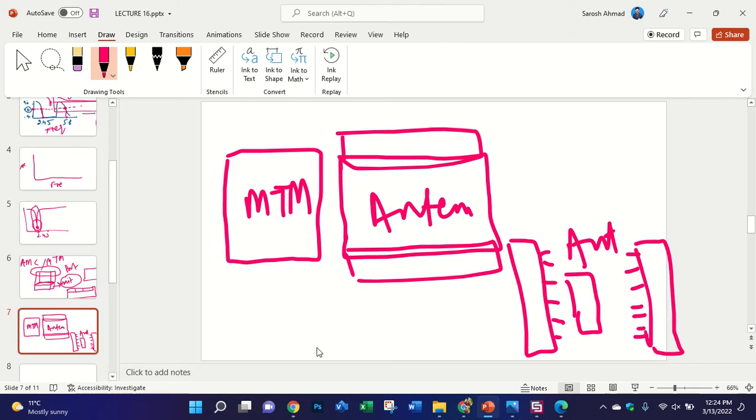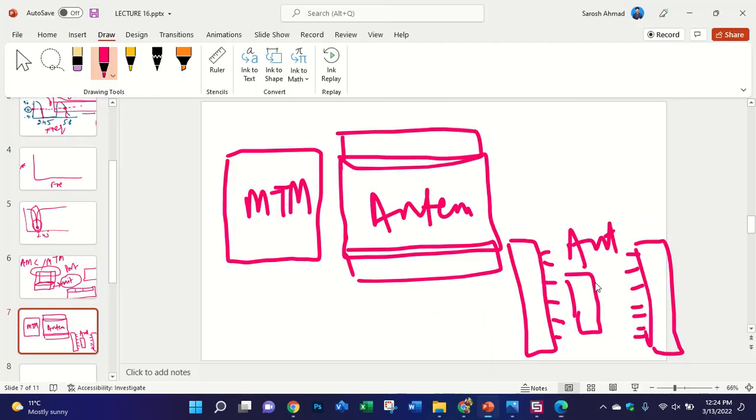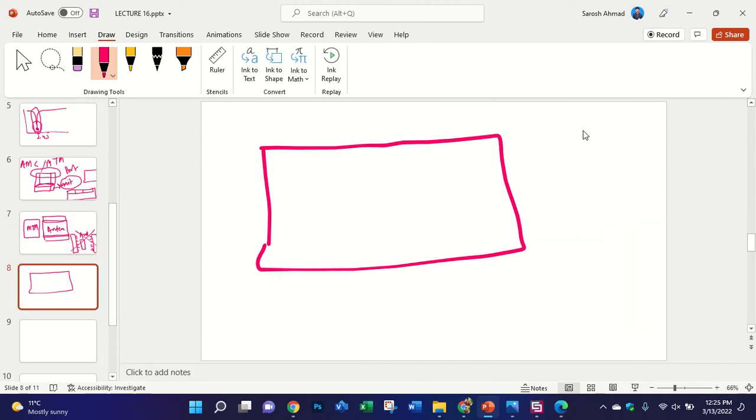But here we are going to learn only two ways. This one, that is behind the antenna, because we mostly use this technique. We don't use this other technique. And another thing is that you have a structure here. First you design the EBG unit cell.